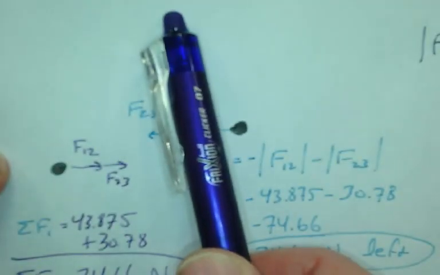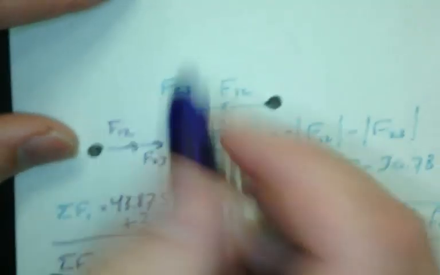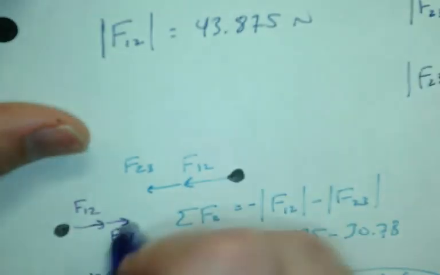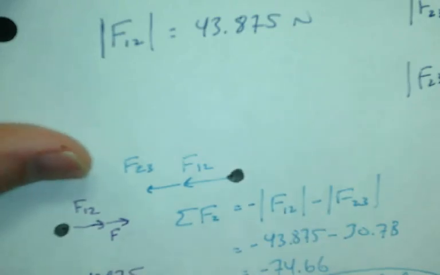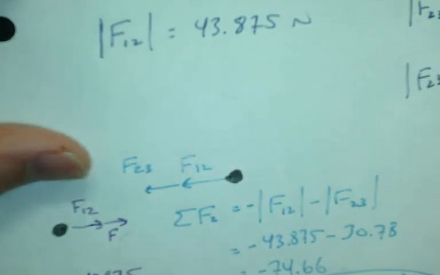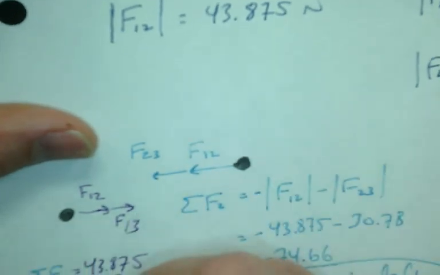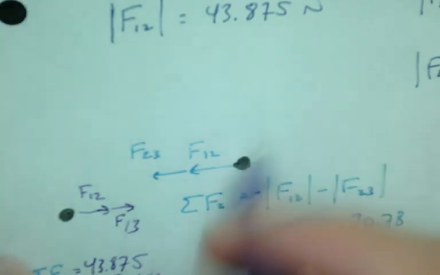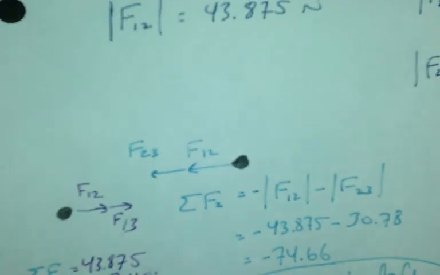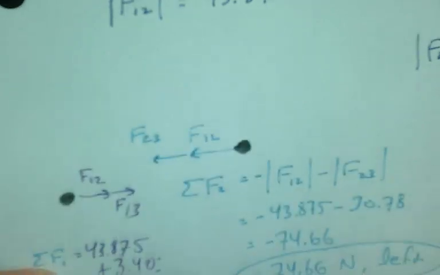Sorry, it shouldn't be F12 and F23. It should be F12 and F13. Sorry, this is not correct. F13 was 3.40. So this is 43.875 plus 3.40, which is 47.28.